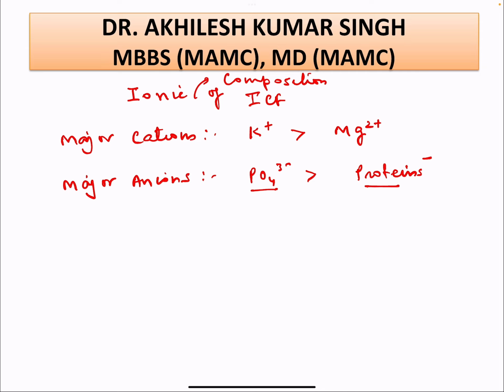Now if we talk about the major ion of the ICF, then out of potassium, magnesium, phosphate and proteins, potassium is in the highest concentration. So the major ion of the ICF will be the potassium ion.